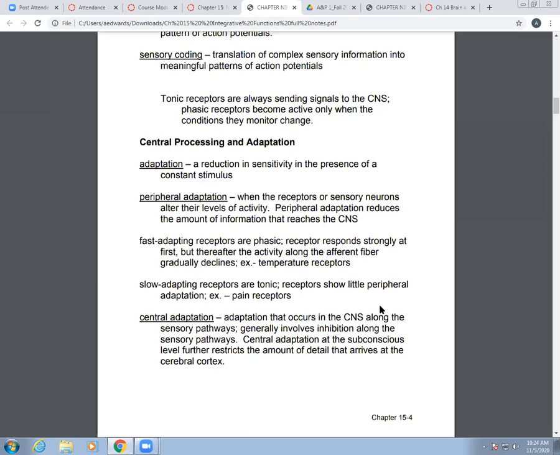Okay. So receptors that act quickly are considered phasic. The receptor is going to have a strong response initially, but after that, the activity along the connected afferent fiber is going to start declining. Okay, for example, there are temperature receptors.